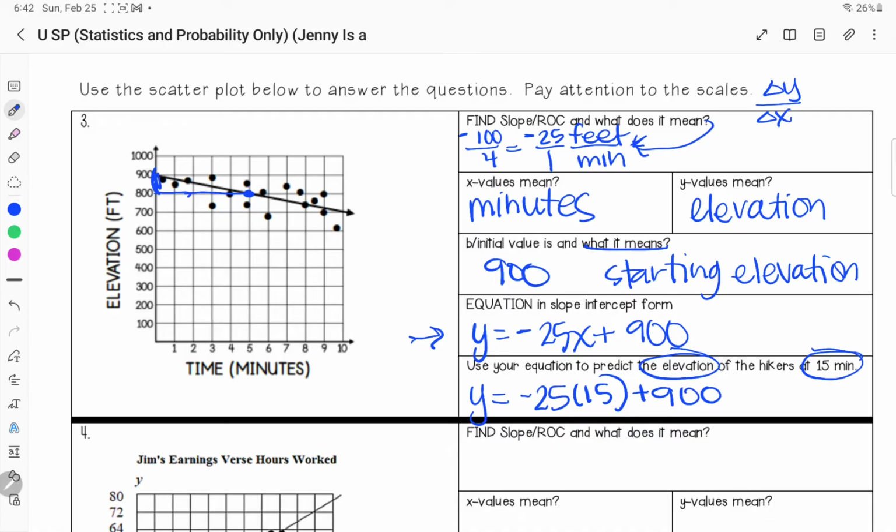So after 15 minutes, we would predict them to be about 525 feet in elevation, which 525 would be like down here. So if you think about it, probably pretty close, pretty accurate.